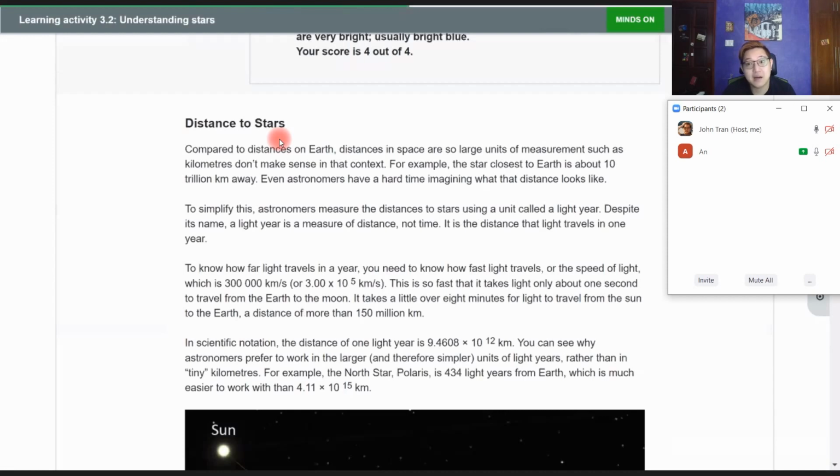Basically, the distance that light travels in a year is massive. It's so big that we have to measure with a new unit now, the light year.